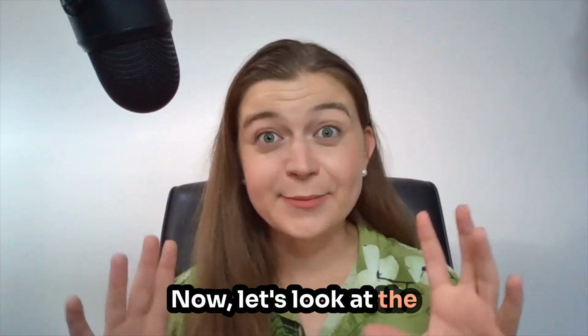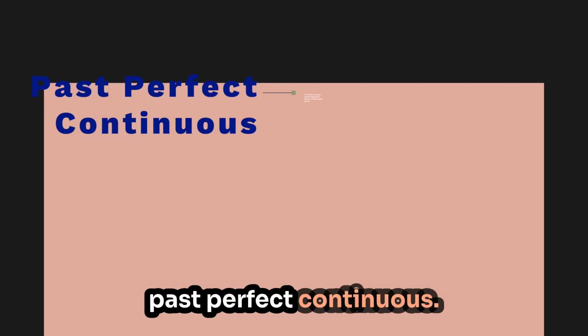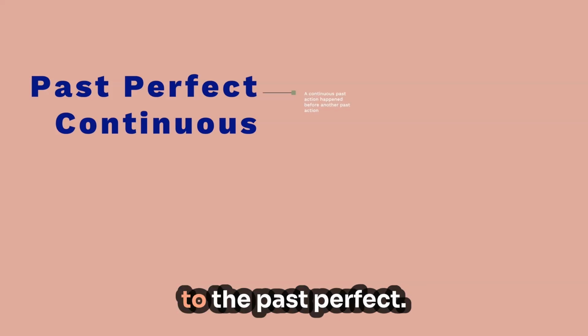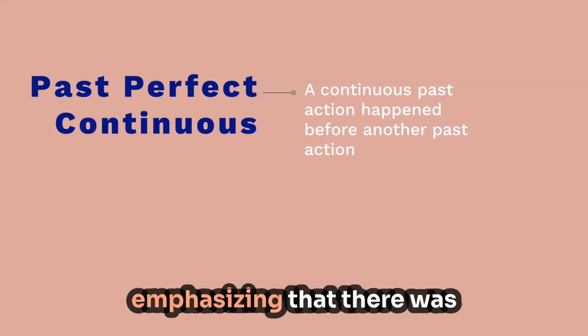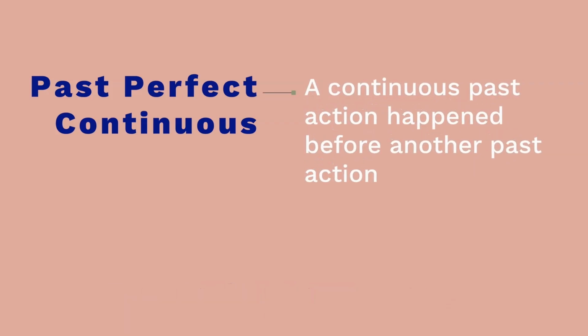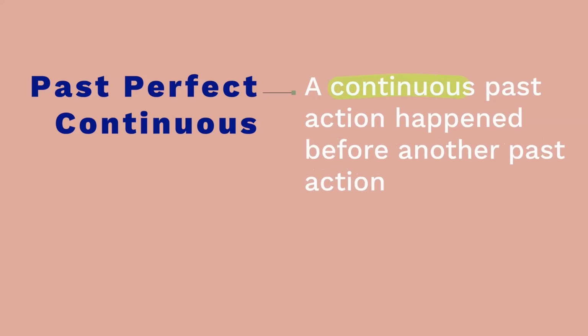Now let's look at the past perfect continuous. This one's very similar to the past perfect. But the main difference is we're emphasizing that there was a continuous past action. This action was in progress and it was happening before another past action happened.